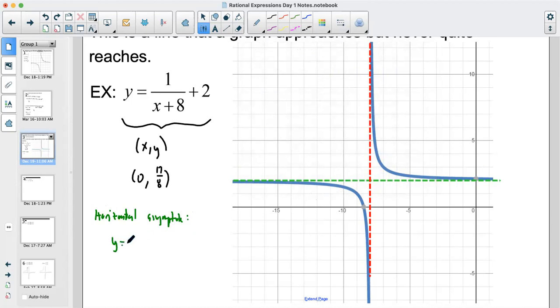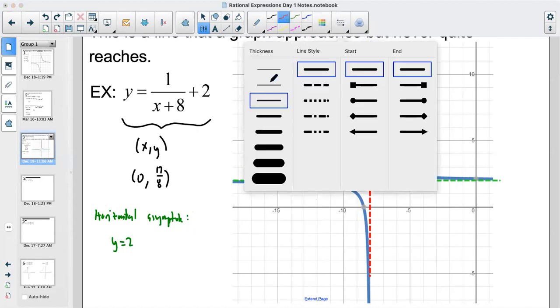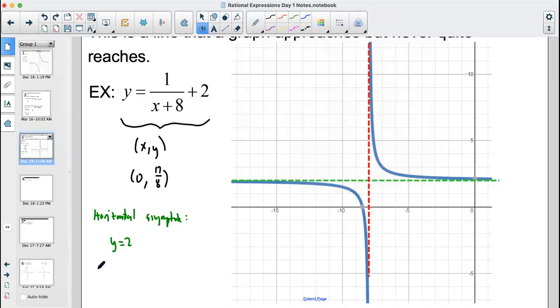So the equation of this asymptote is y equals 2. The vertical asymptote, which is the red line, is a vertical line, and it goes through x equals 8. And so the equation of that line is x equals 8.